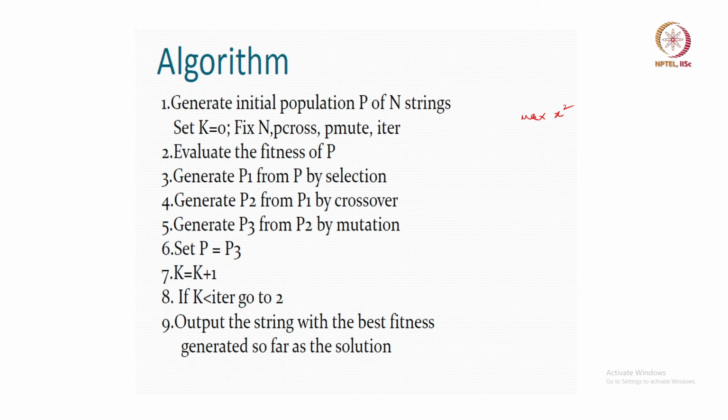For example, if you are using digit 8, you can say 1000 will represent 8. And suppose you are representing 12, you can say 1100 represents 12, etc. So you can have a string. If you say that your x is going to vary between 0 and 32, you can have a 5-digit binary string.